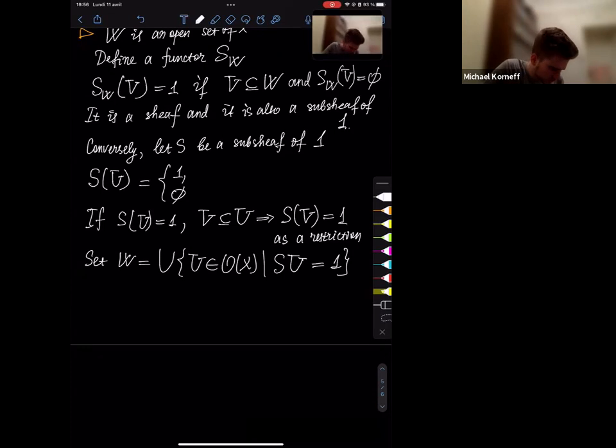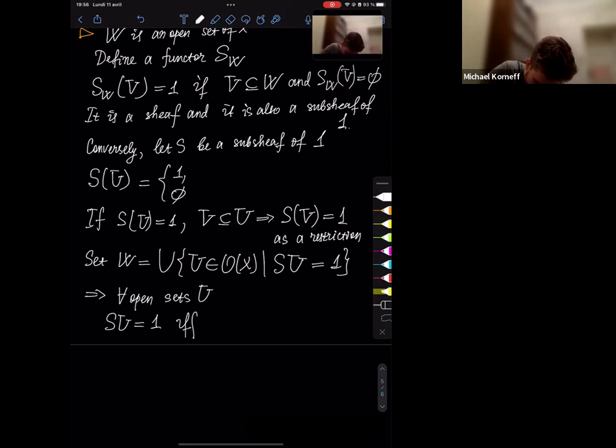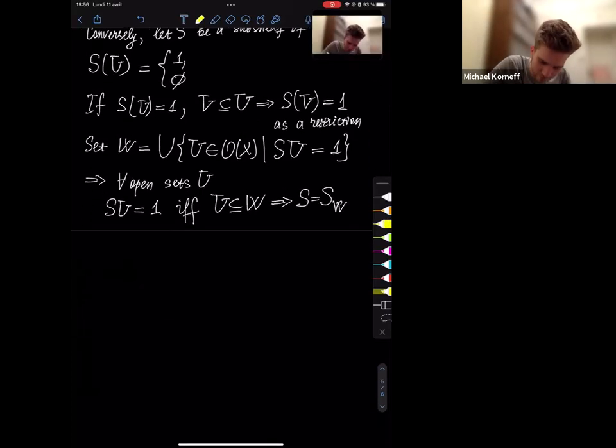And it's easy to see that for all open sets U, S of U equals the one point set if and only if U is a subset of W, that is S equals S_W. Okay.